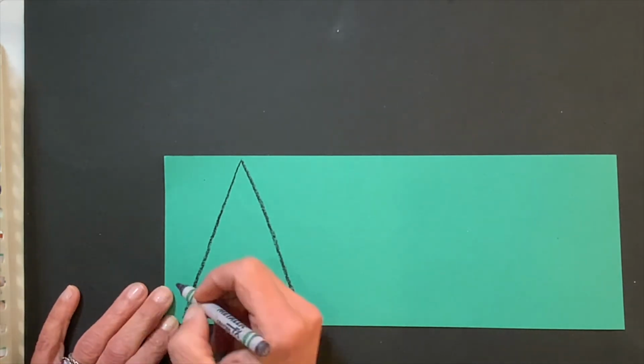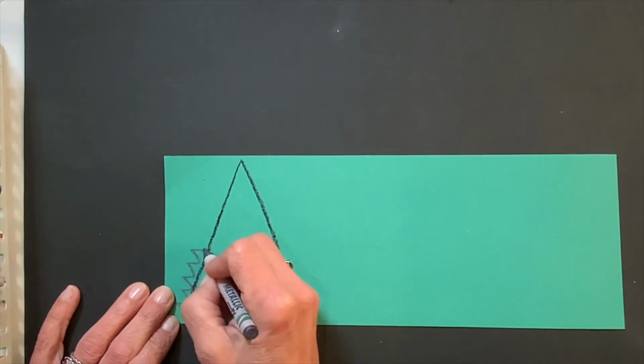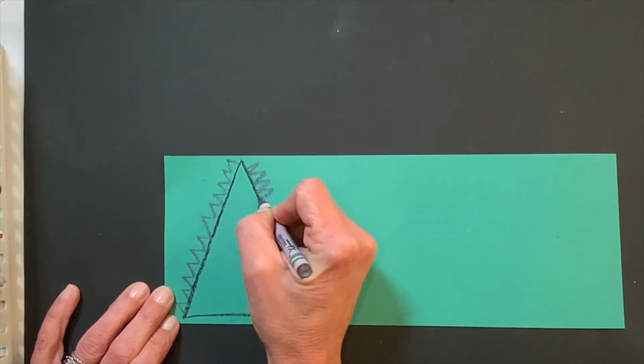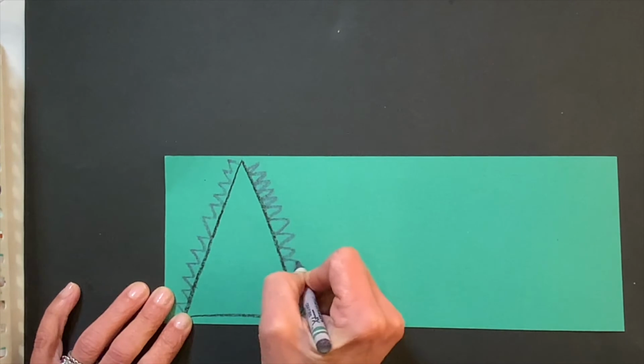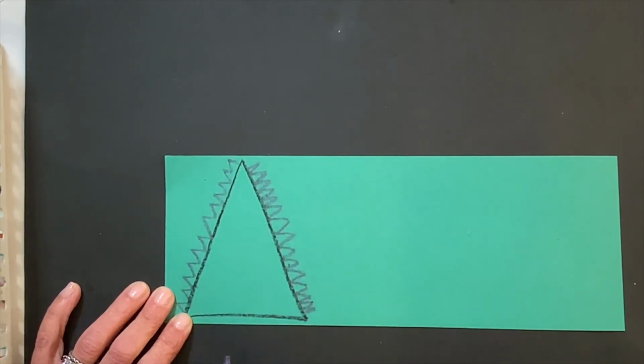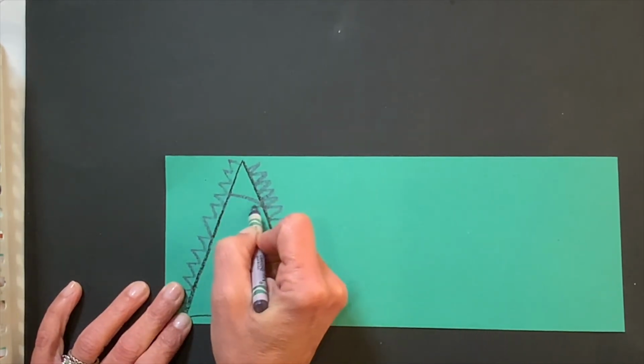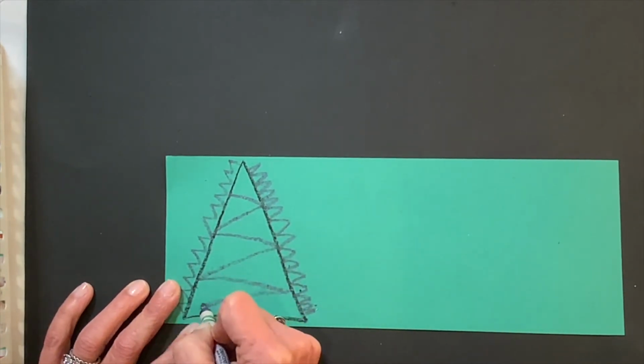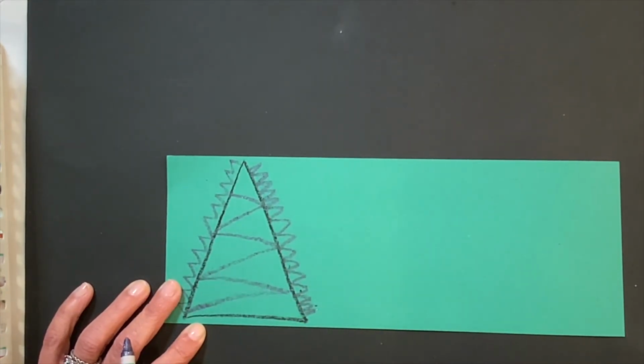Now, let's get creative. Let's think of some fun things we could do. We could put zigzags on the side of a tree, because they do have branches that poke out on the edges. We could do this, like make a big zigzag in the middle. That would be interesting. You could put waves, you could put curves.